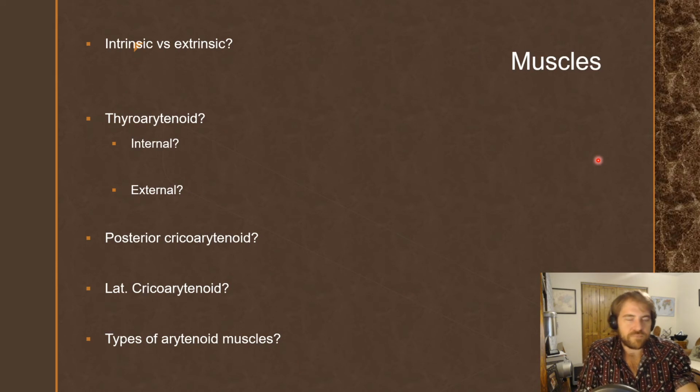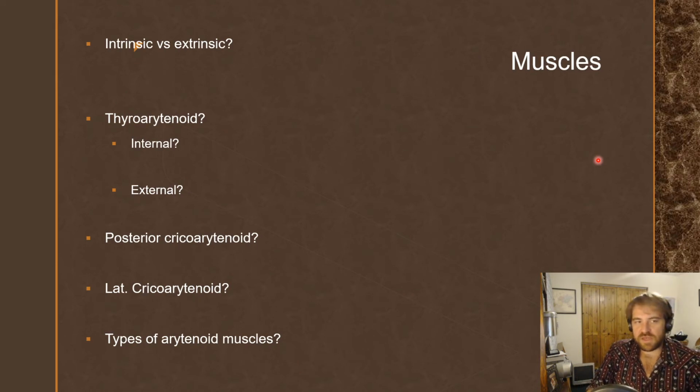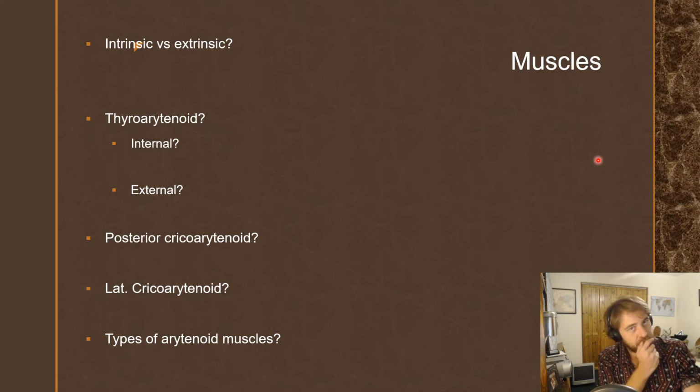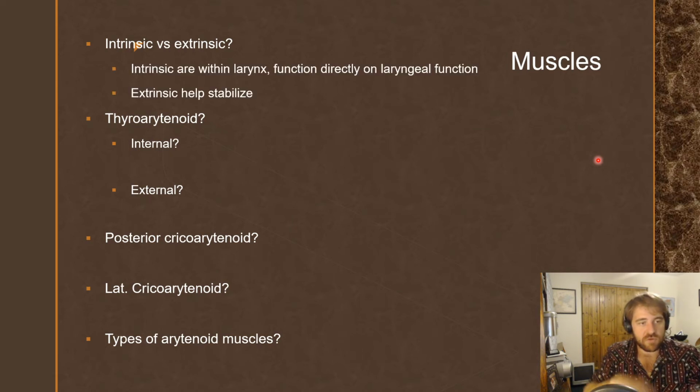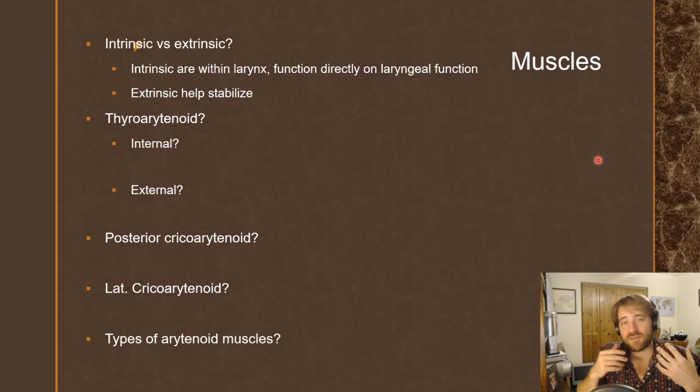Okay. What is the big difference between intrinsic and extrinsic muscles of the larynx? Well, intrinsic muscles are within the larynx. Usually they function directly on laryngeal function. What I mean is they're directly responsible for the things we've been talking about. Changing pitch, changing the fact that your vocal folds are together or not, right?